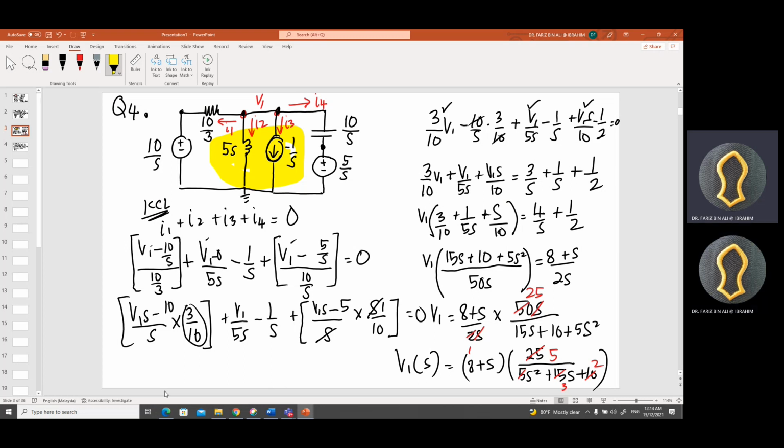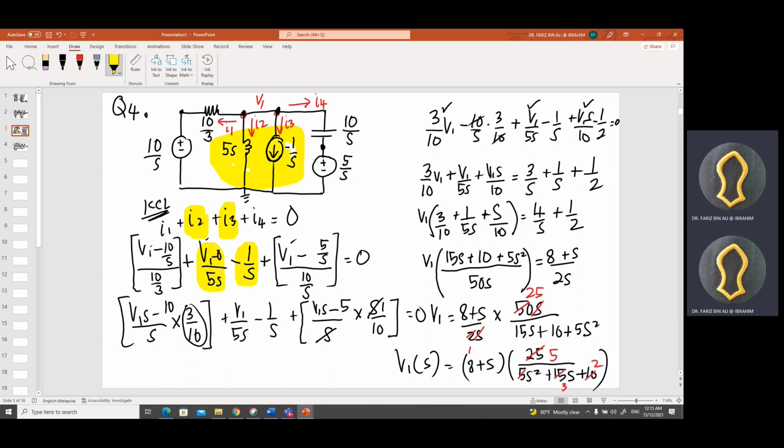Think about that. I need to know what my I2 is. Where is I2? This is I2 and I3 is this. So I2 is V1 over 5s and my I3 is this one, minus 1 over s.